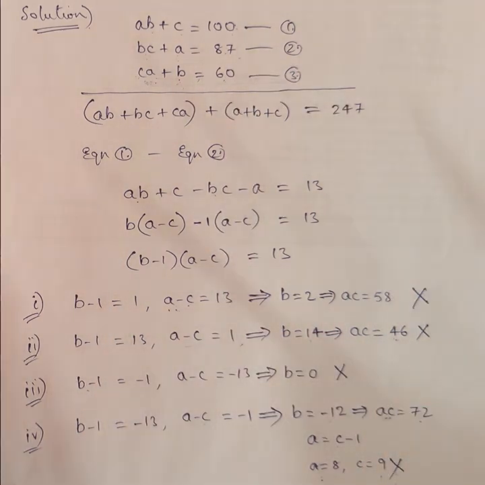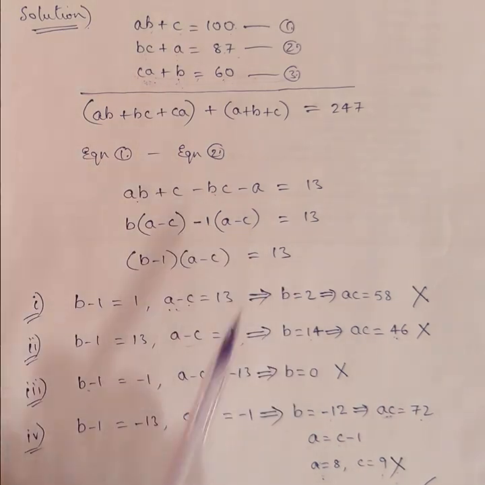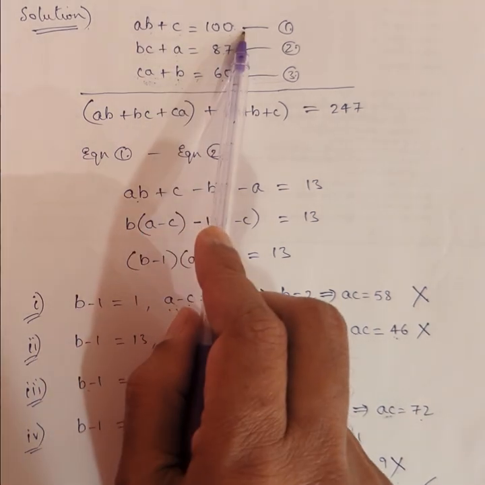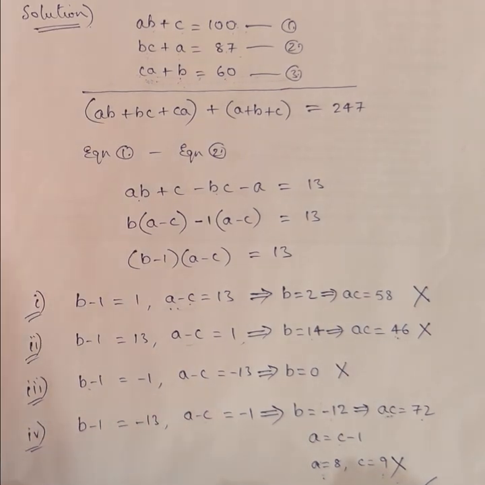Oh, this one checks. And you can also check here if you have a little bit of time. ab is 108 minus 8 equals 100. So those are the values of a, b, c.